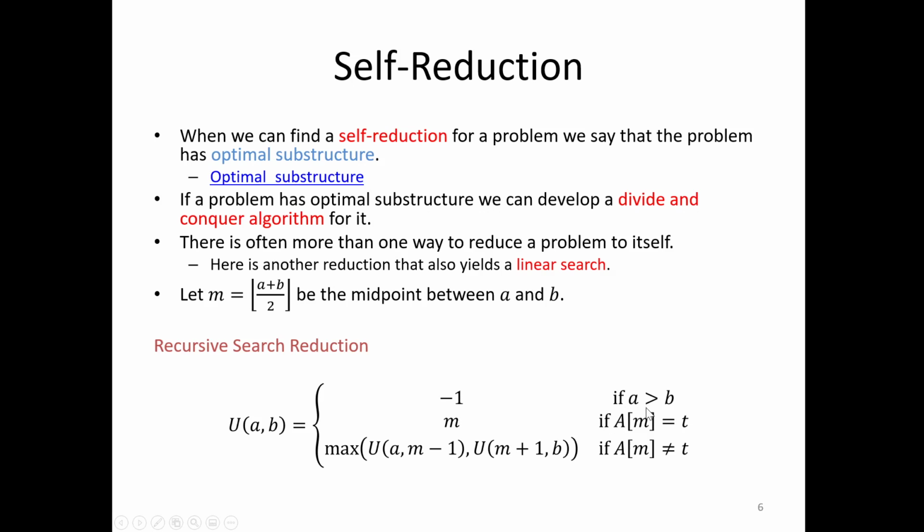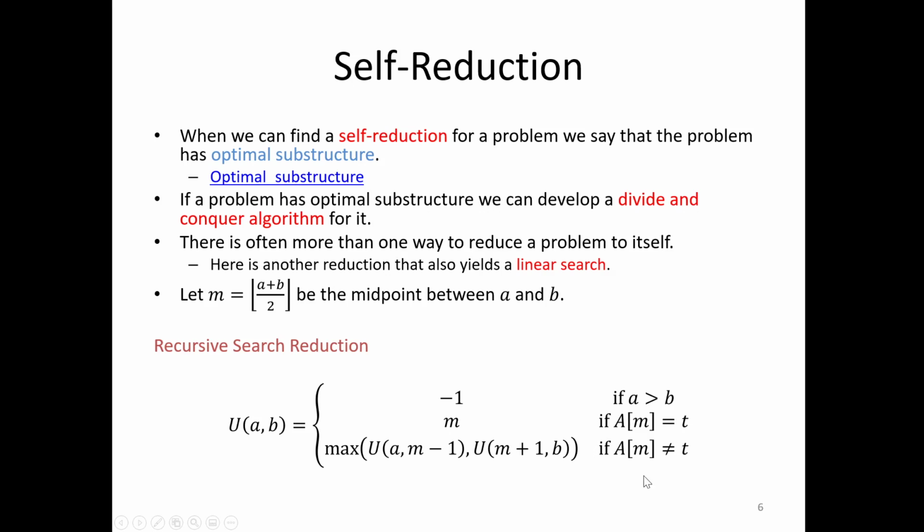We've got a similar setup as our last self-reduction. If we're searching an empty list, a list with 0 elements in it, we know our answer must be -1. But the change we're going to make now, instead of looking at the first element, a sub a, is to look at this middle element, a sub m. And if we find the target element there, like a binary search, we're going to return that index, and that's sort of our lucky early termination.